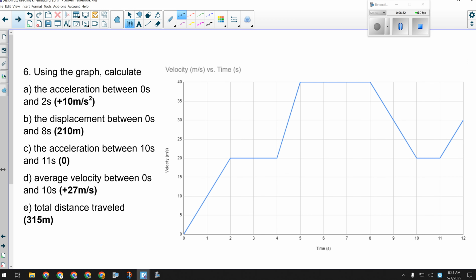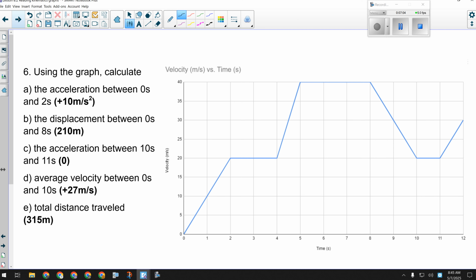All right, got a velocity versus time graph. It's very irregular, so y equals mx plus b will not come into play here. That's also something you should probably have written down somewhere: if the graph is not one single straight line, y equals mx plus b is out. And anytime I give you a graph that is one single straight line, I will also give you its equation. So I will say y equals whatever the slope is, times x, plus whatever the y-intercept is. If you don't see that, then it's not in play.